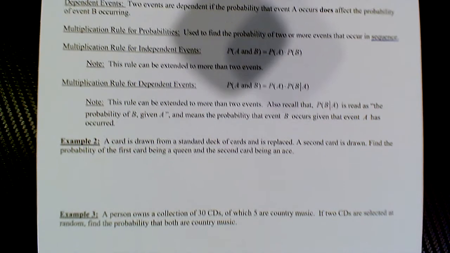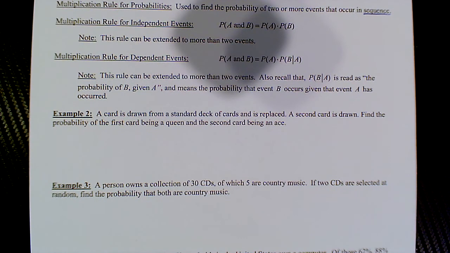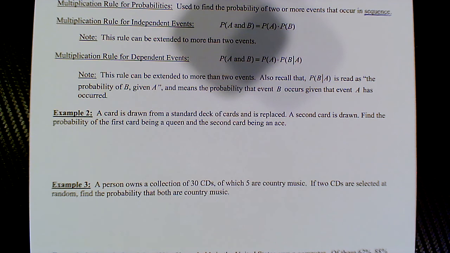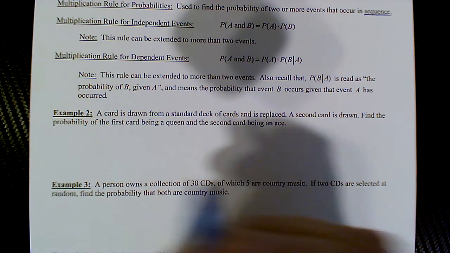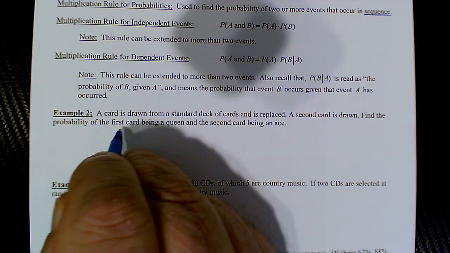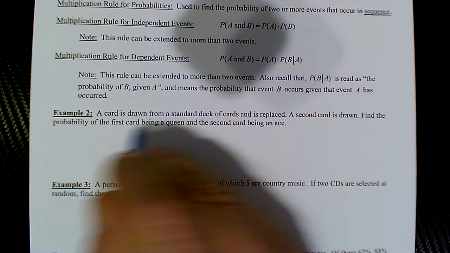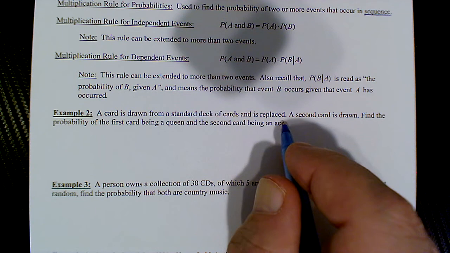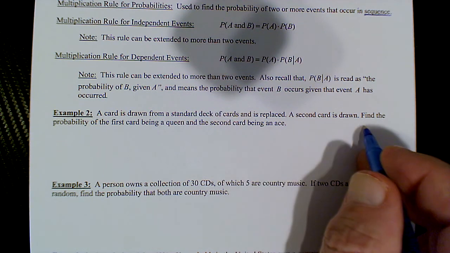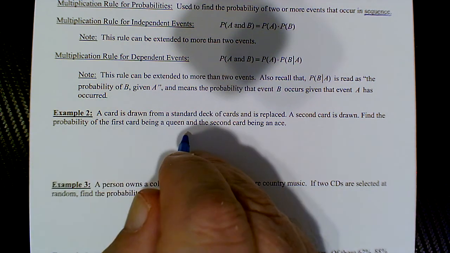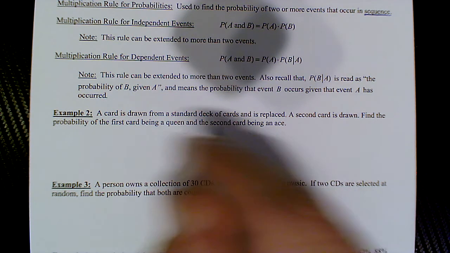Okay, so you draw a card from a deck. Now, I'm going to try to make this easy. I'll show the notation, but you really don't need it. Here, if I wanted the probability of drawing a card, replacing it, and drawing a second card, I want the probability of the first card being a queen and the second card being an ace.